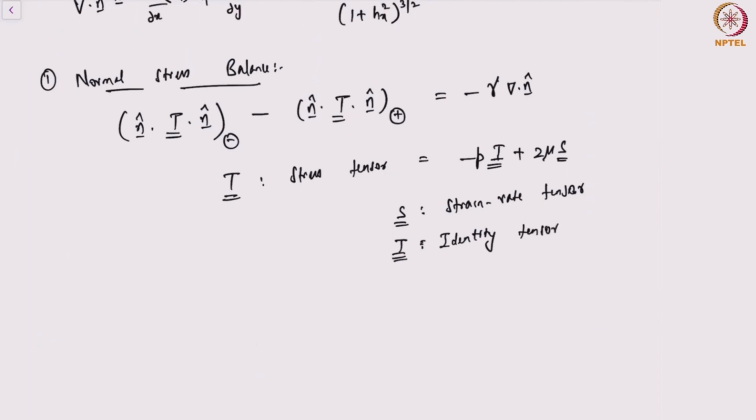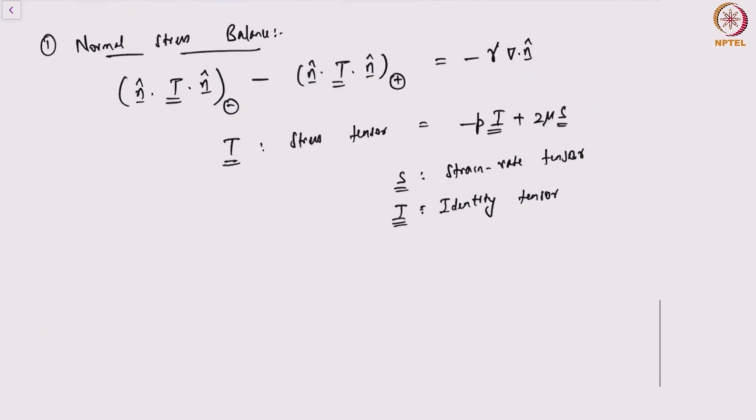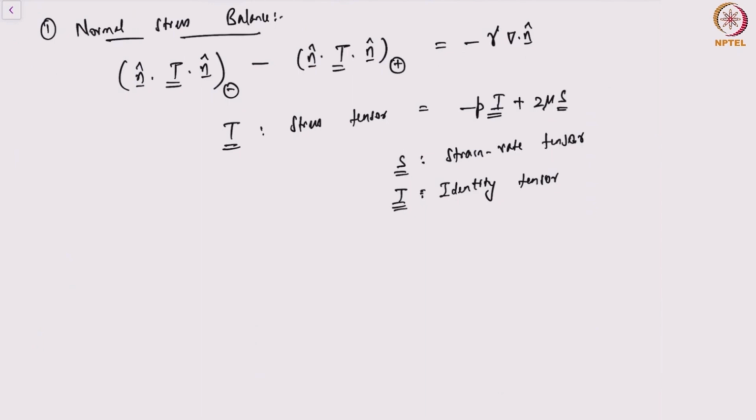So I'm going to follow this kind of vector notation, the symbolic notation. I'm not going to use tensor notation or index notation for the benefit of students who may not be familiar with tensor notation, right? So let's basically write down the tangential stress balance as well. These are still general boundary conditions.